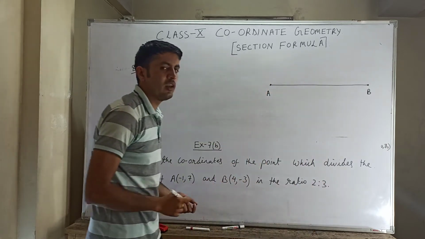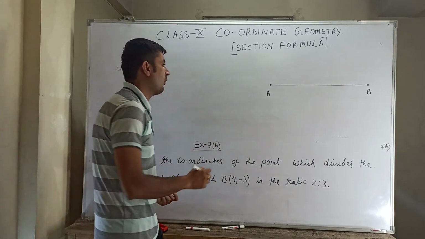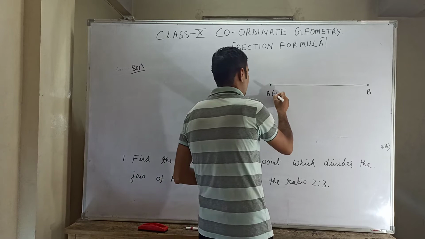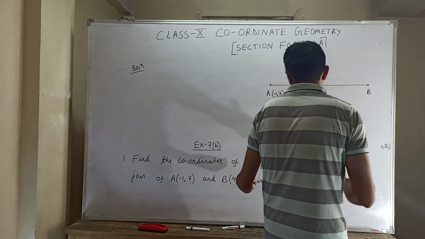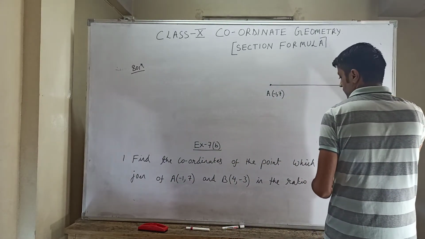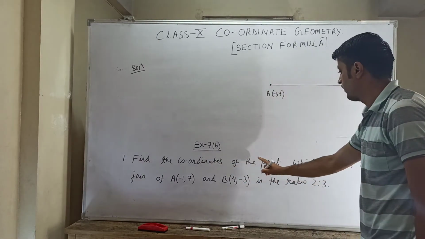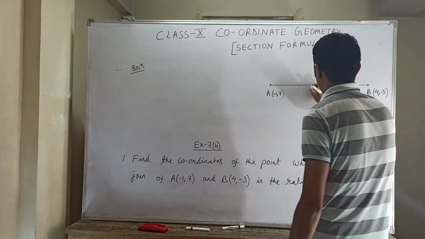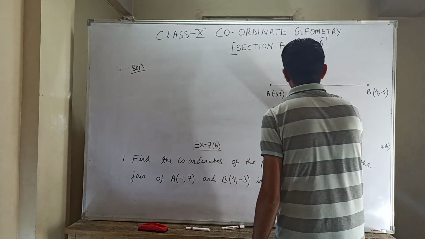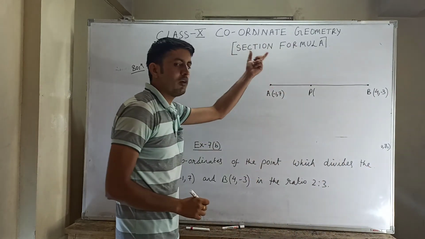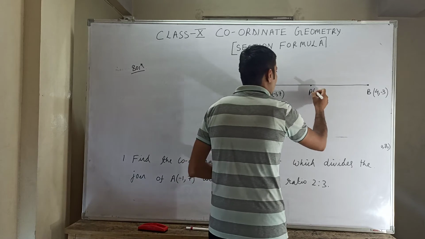What is the coordinate of A? (-1, 7). What is the coordinate of B? It is (4, -3). Then you have to find out the coordinate of the point, any point P. So the coordinate of P in general will be (x, y).